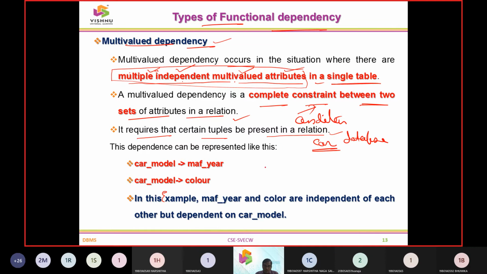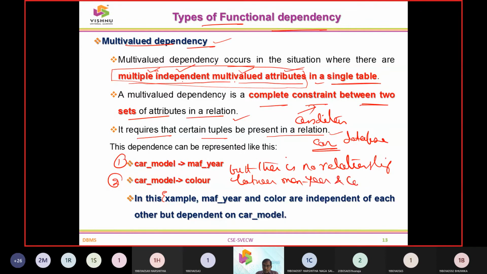Dependency 1, we call it car model. Dependency 2, we call it car model and color. But there is no relationship between manufacturing year and color. Both are independent.